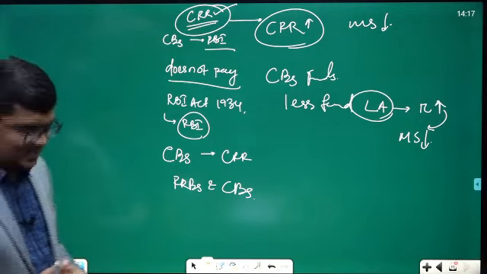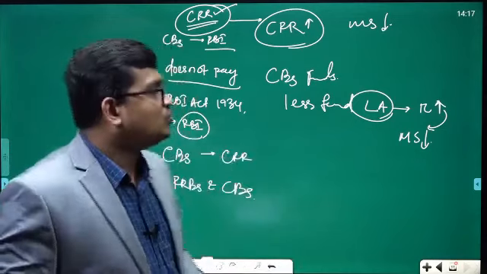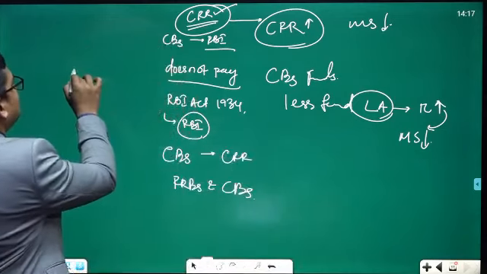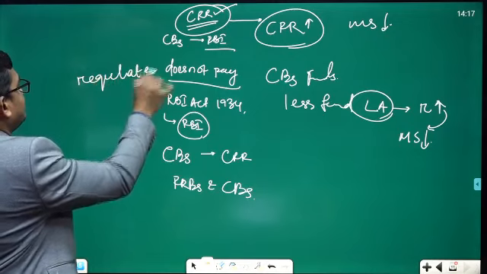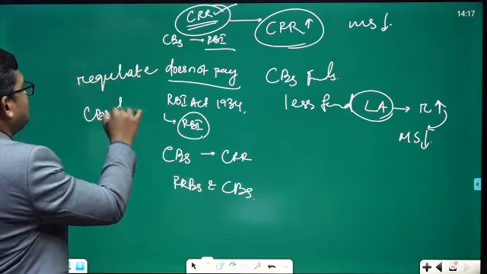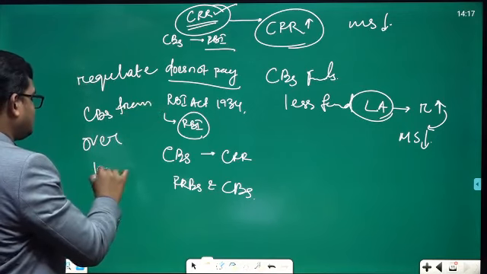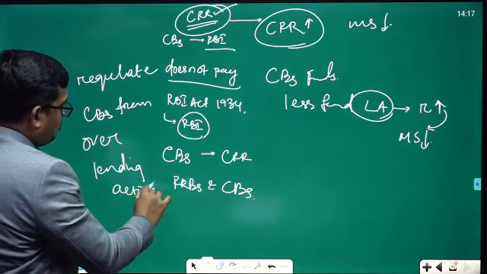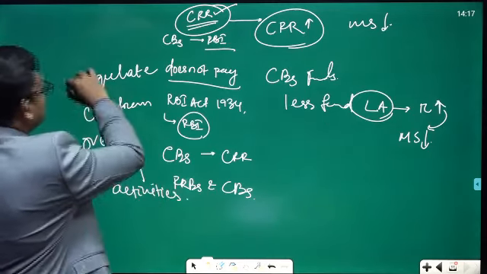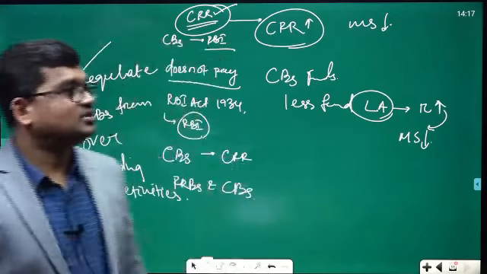So you can say the objective of CRR is to control the money supply, or to regulate commercial banks from over lending activities. This is the objective of CRR, or cash reserve ratio.